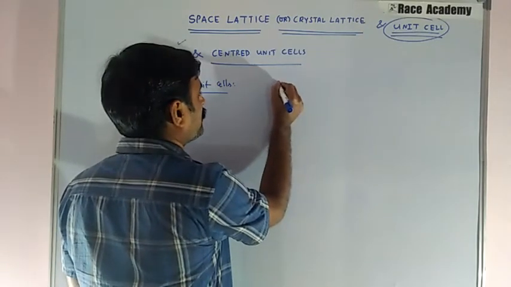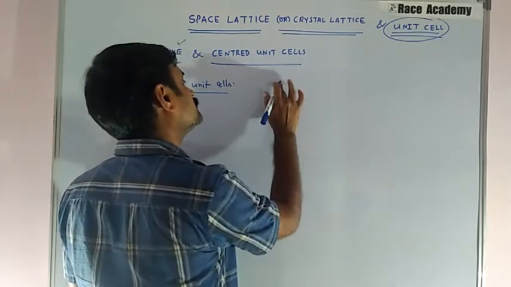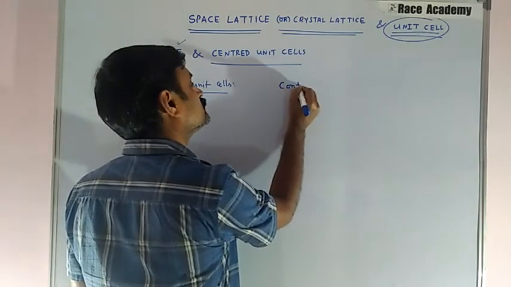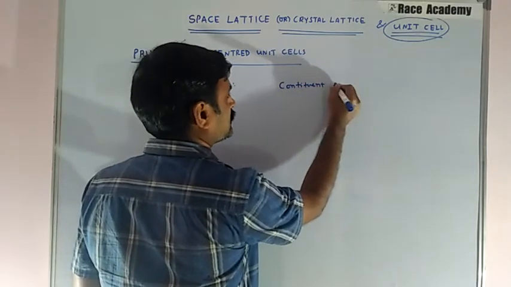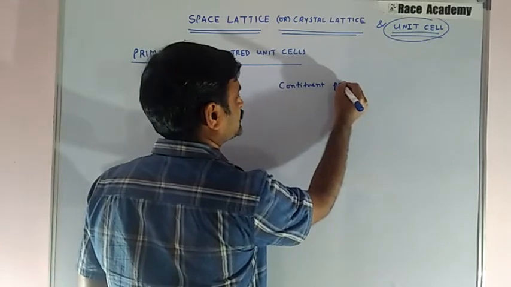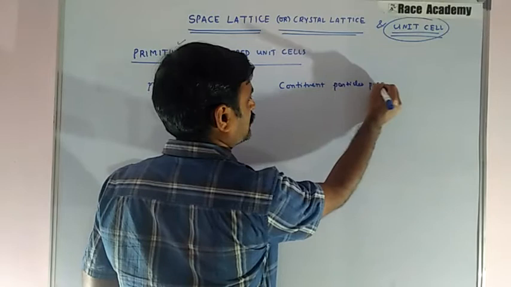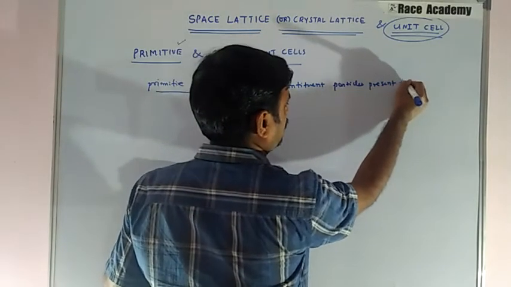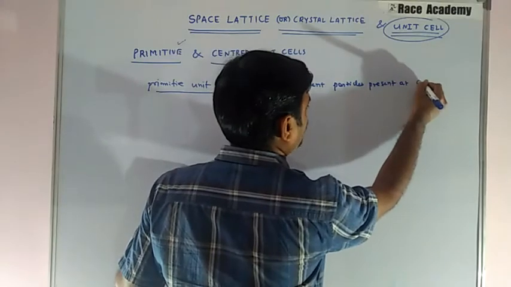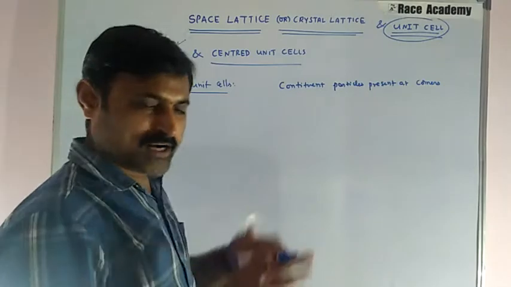So, the points, constituent particles, are present at corners. What is the meaning of that?